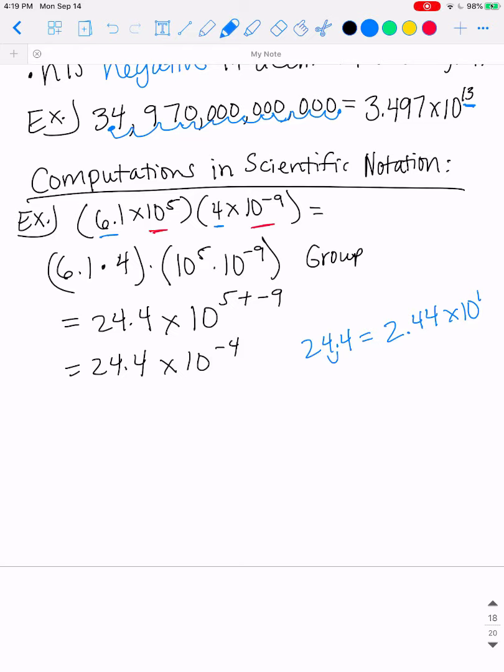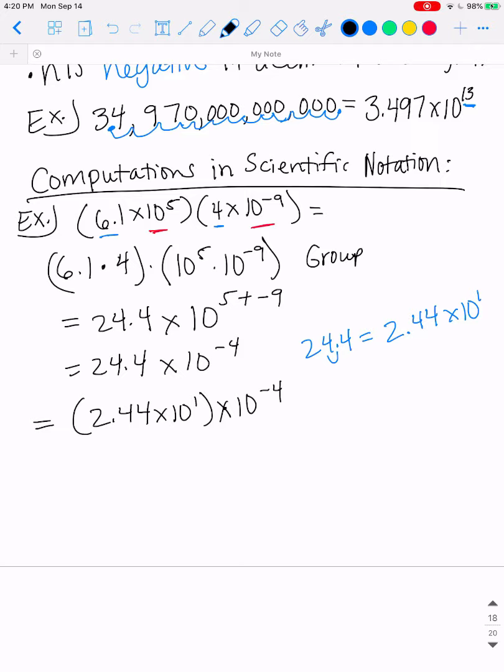So I'm going to rewrite this as 2.44 times 10 to the first, times 10 to the negative 4.